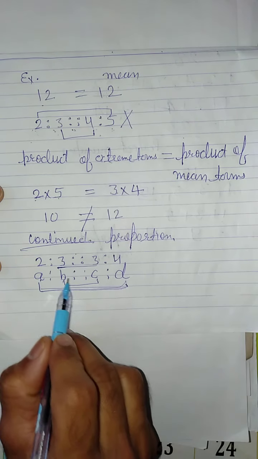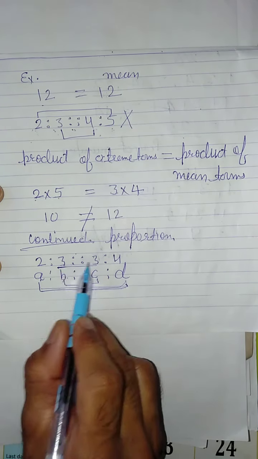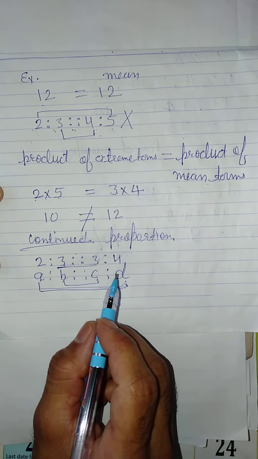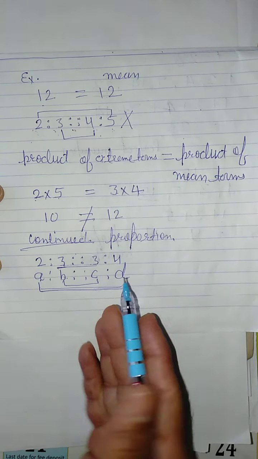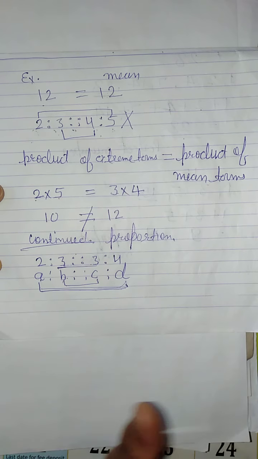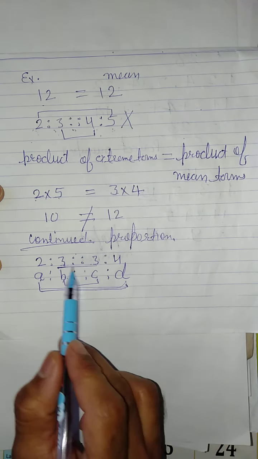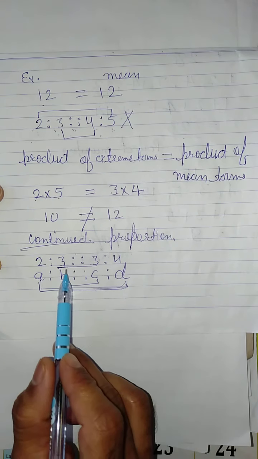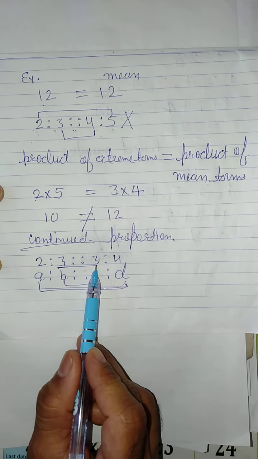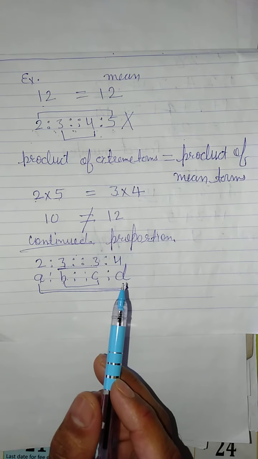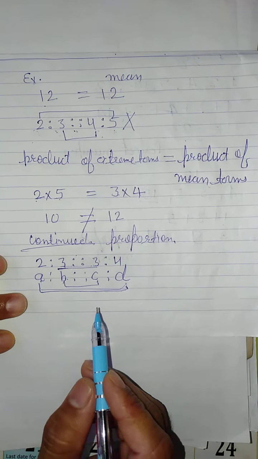If mean terms are same, these are called continued proportion. Here they are also in proportion or not, we don't know about that. This is not necessary, they will not necessarily be in proportion, but if they are same, these are called continued proportion.